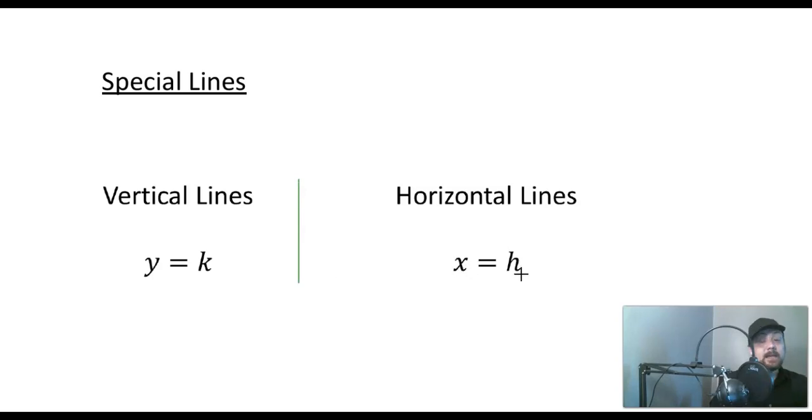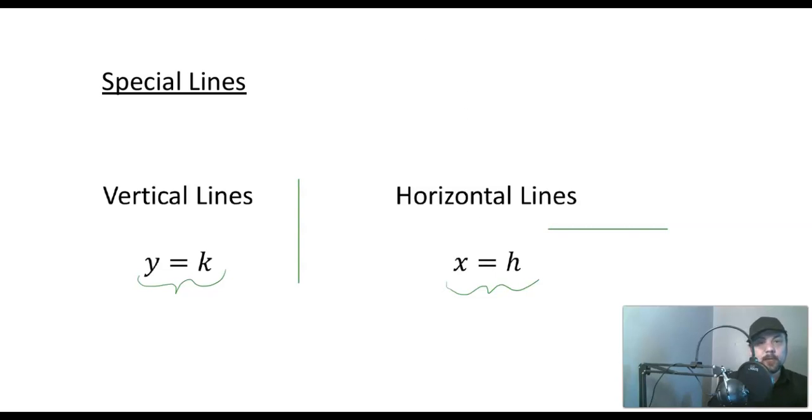If you have x equals some number, so again, I'm using h to represent some random number. It's not the same h as what we were dealing with the center of a circle. Then the graph will be a horizontal line, which means the graph will look like this. Right. So notice what's special about these equations is that x is missing from the equation of a vertical line, and y is missing from the equation of a horizontal line.